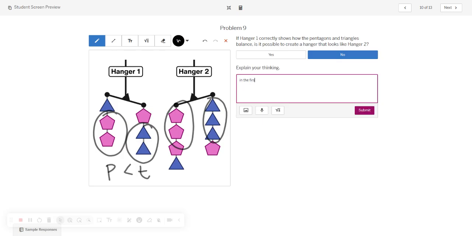The first hanger, the triangles are heavier, but in the second hanger, the pentagons are. It's totally different. Well, you understand what I was saying.